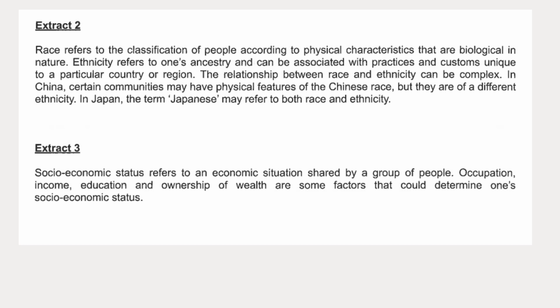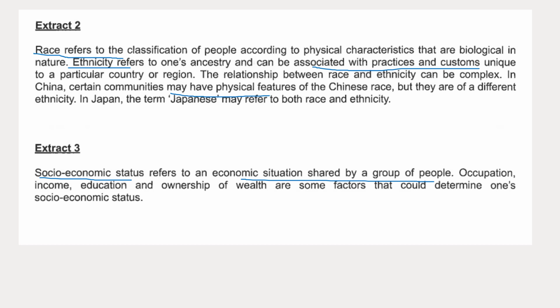Okay, so for extracts 2 and 3, because this is about diversity, you can see that extract 2 talks about race. It gives you some definition as well as what is ethnicity. And it does tell you that sometimes it is the difference between physical features, it could also be about practices and customs. Here it talks about socioeconomic status. It talks about different economic situations shared by groups.